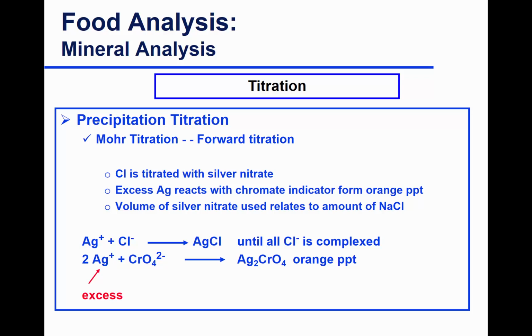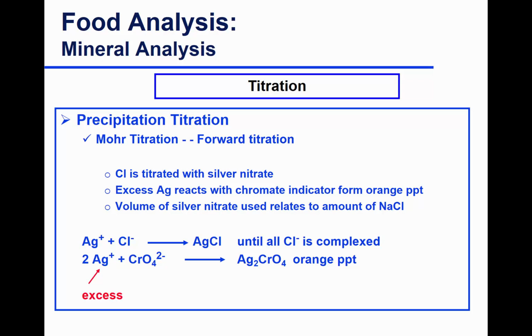So another method for titration is when you are determining salt concentration. The Mohr titration is the most common, and it's a forward titration. What we mean by forward titration is that you titrate directly with silver nitrate. So you have your NaCl, and the chloride in the sample will react with the silver and give you silver chloride.